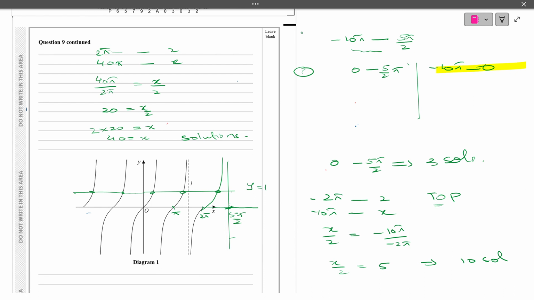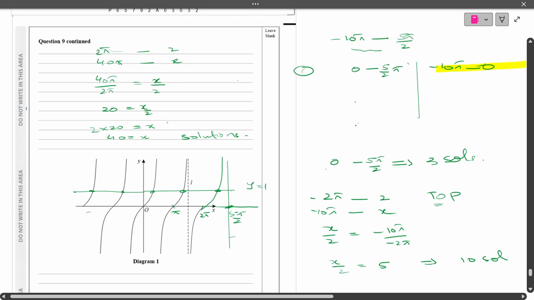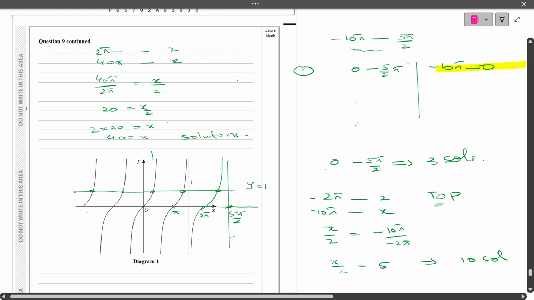But don't forget that if I draw a curve here and here, okay?